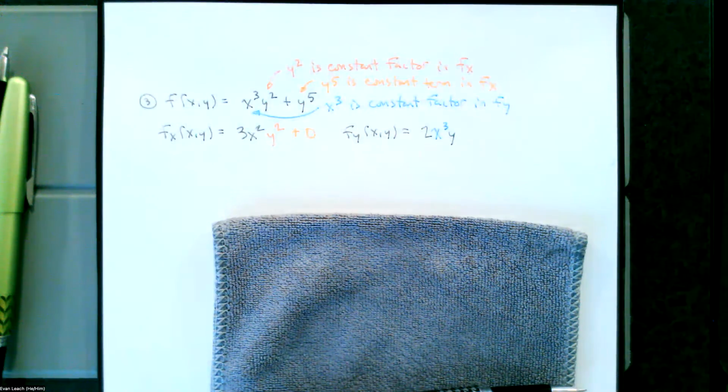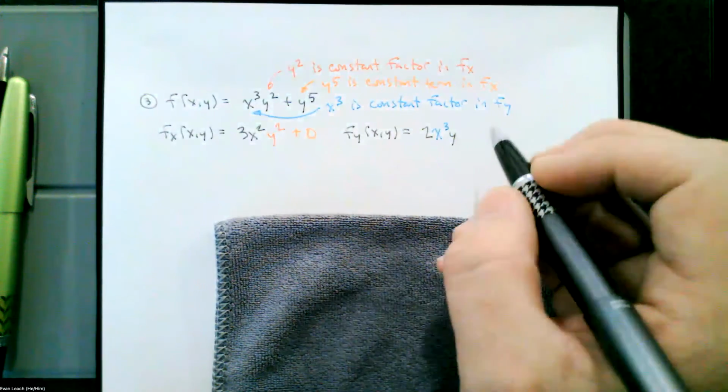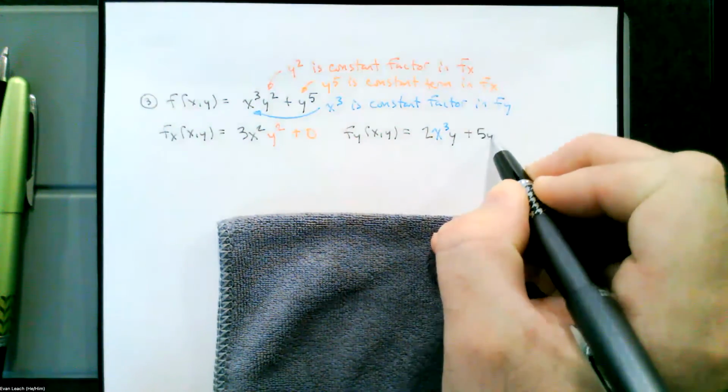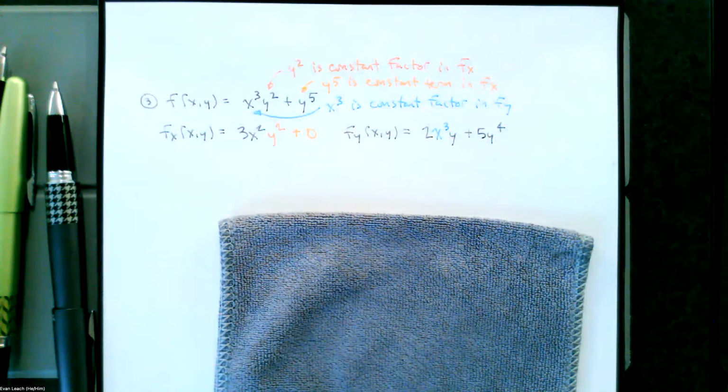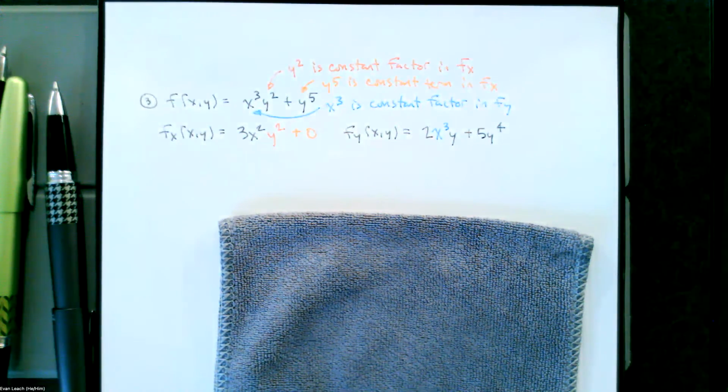We go to the next term, it's y to the fifth. The derivative of y to the fifth with respect to y is 5y to the fourth. So here we had the y part included as a constant factor in one place and a constant term in the other. That's the core mechanic for dealing with partial derivatives. The other variable is either a constant term or a constant factor.